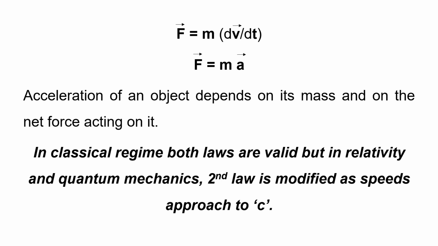But in quantum mechanics and in relativity, the second law cannot be directly applied on the objects, but it is modified as the speed approaches c. Here c is the speed of light, which is equal to 3 times 10 raised to power 8 meters per second.